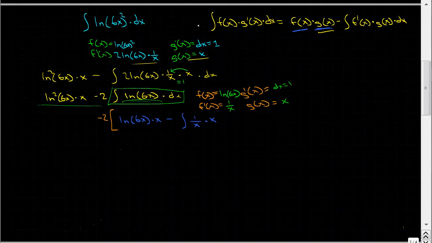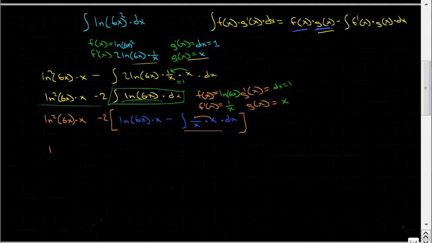And of course, this is times dx, and this is all within these brackets, because we still have ln squared of 6x times x minus 2 times this. Okay, so it gets a bit harder, but we've simplified it so that we are just taking the integral of 1, because these cancel and make 1.